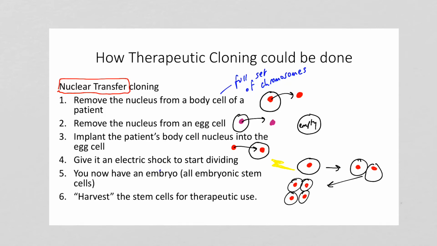That's step 5, and each of those cells is an embryonic stem cell. I then break up those cells and take them for therapeutic use. And each of those, again, is an embryonic stem cell that in theory I could use to repair damaged organs or potentially even regrow organs from scratch.